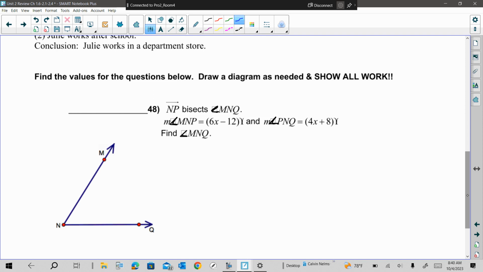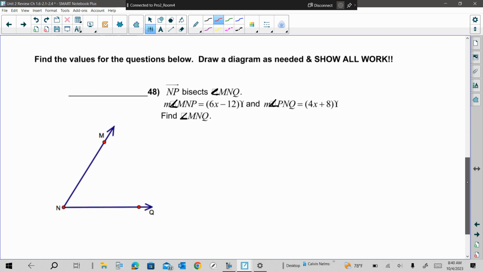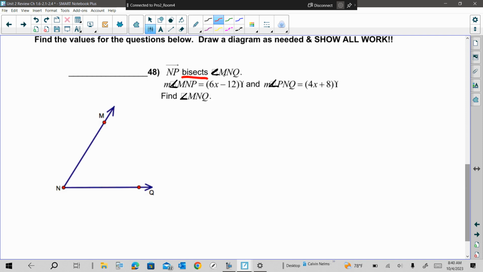So on 48, the key word is they say NP, this ray NP bisects the angle M and Q. So the ray is missing. We just need to draw NP and know that if it bisects, we have two congruent angles. Or it cuts the whole angle in half. So the NP is doing the cutting in half.